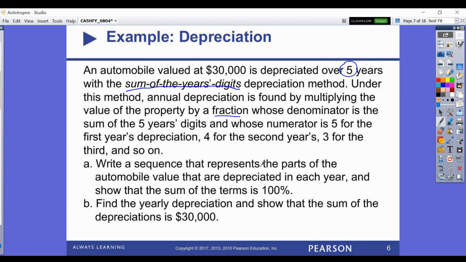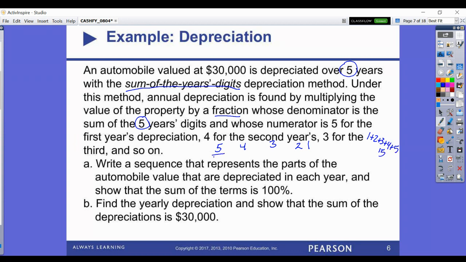First of all, we have to understand what that means. It says the numerator is 5, 4, 3, 2, 1, and the denominator is the sum of 1, 2, 3, 4, 5. What is 1 plus 2 plus 3 plus 4 plus 5? Well, it is 15.